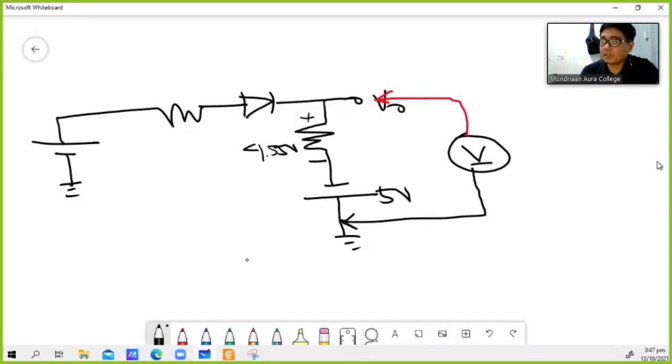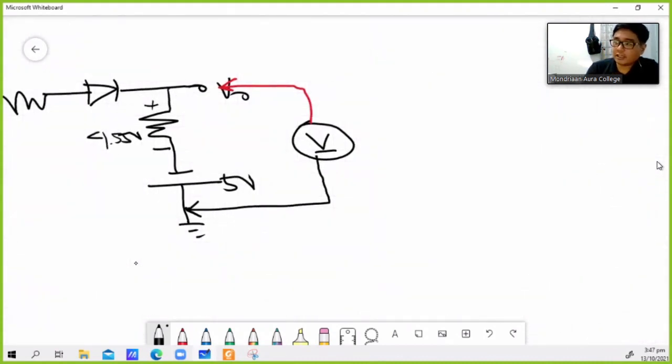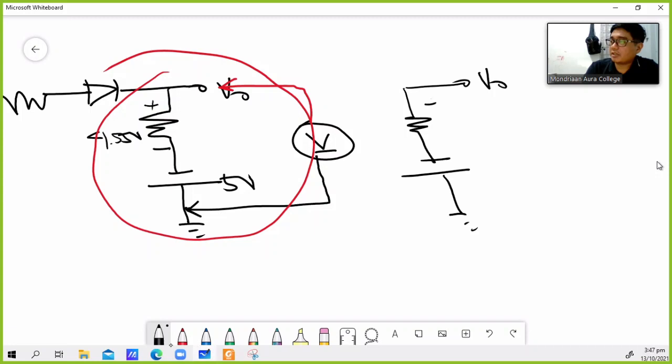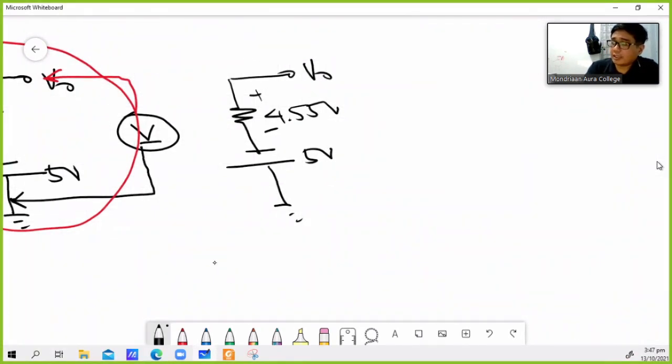Pero pwede natin gawin yung technique na ginawa ko sa inyo kanina, yung nodal. So ihiwalay natin to. Yan. And let us redraw that circuit dito sa right side. Okay. So this is the output voltage. This is plus minus 4.55 volts. And this is negative 5 volts. So pwede nating i-nodal. So lagay na natin si V out.